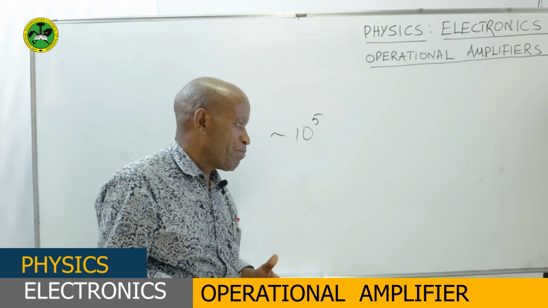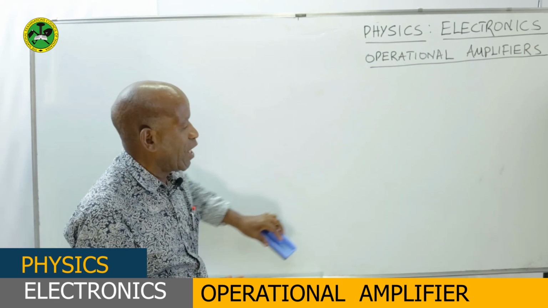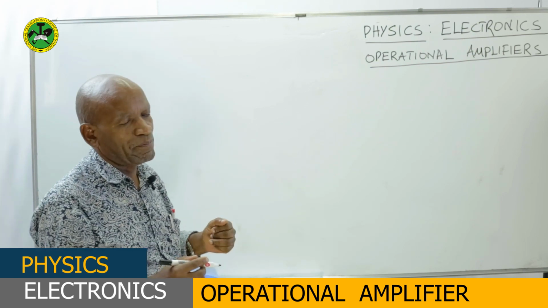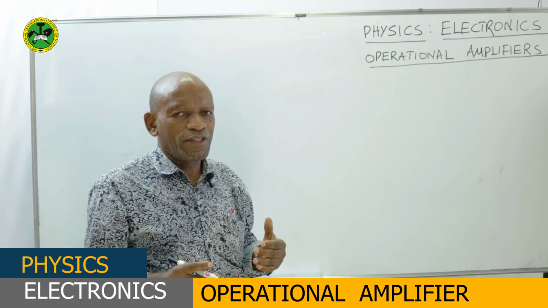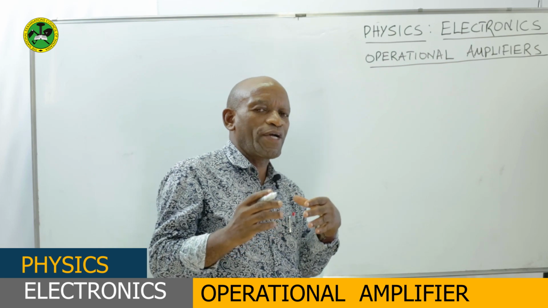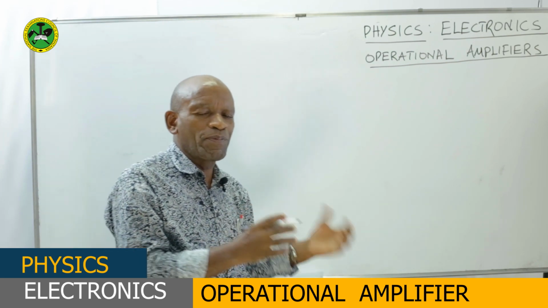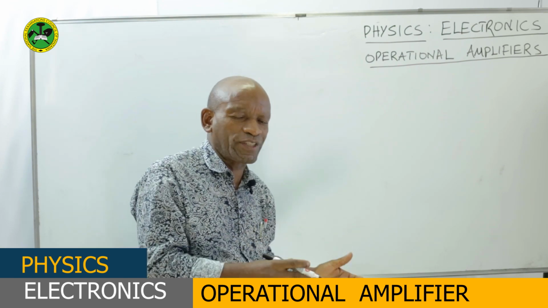The basic operational amplifier has 2 inputs and 1 output. The 2 inputs normally are the terminals where we have our input signals. And the input signal is always directly proportional to the supplied voltage.